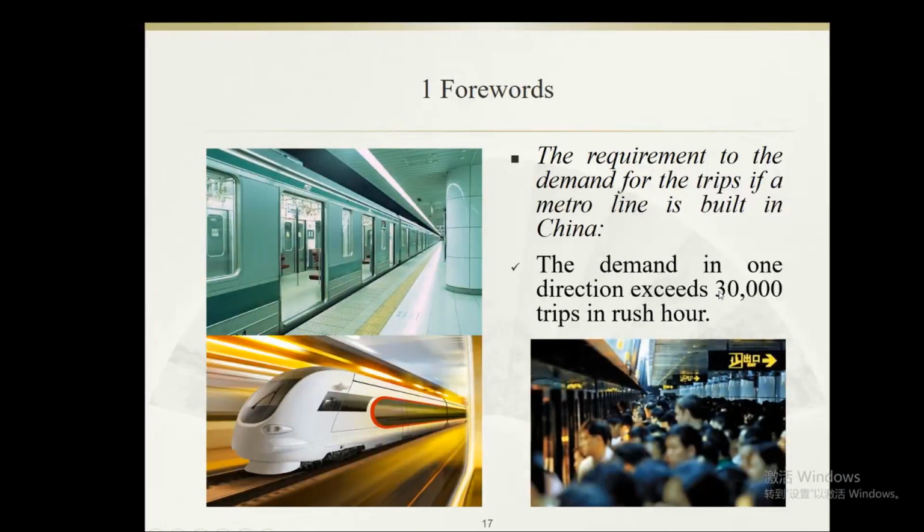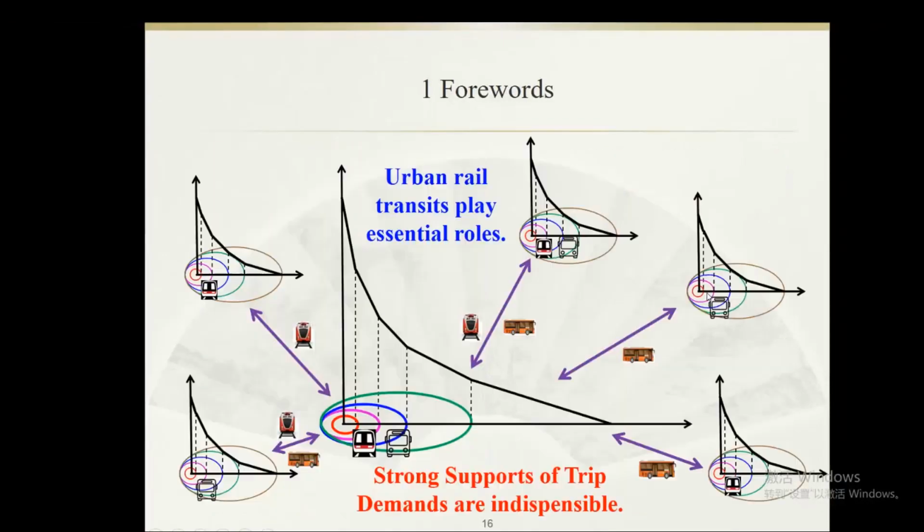If less than 30,000, then it is not allowed to build a metro line. This is what I say, strong support of demand, to connect the different centers.